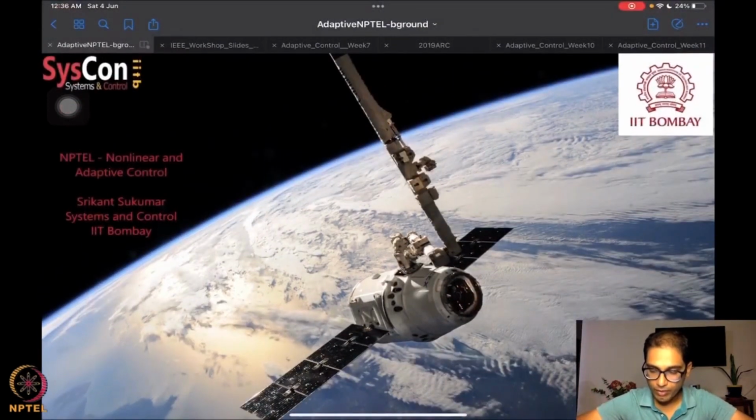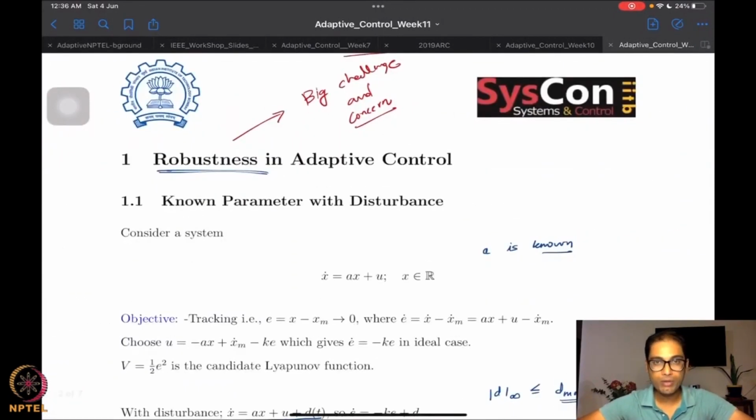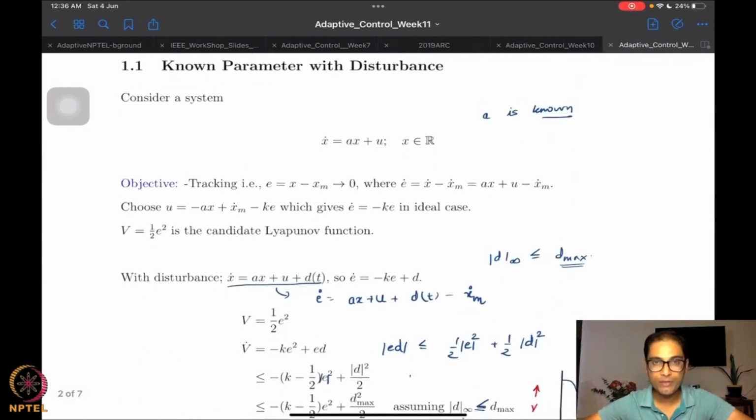In this week, we started talking about the robustness issue in adaptive control. We got a pretty fair idea of what happens in the absence of disturbance, and the fact that any Lyapunov based control design, any strict Lyapunov function based control design to be specific, gives us this very nice disturbance robustness property.